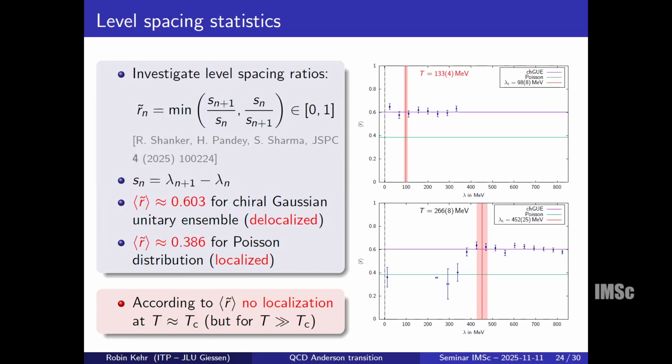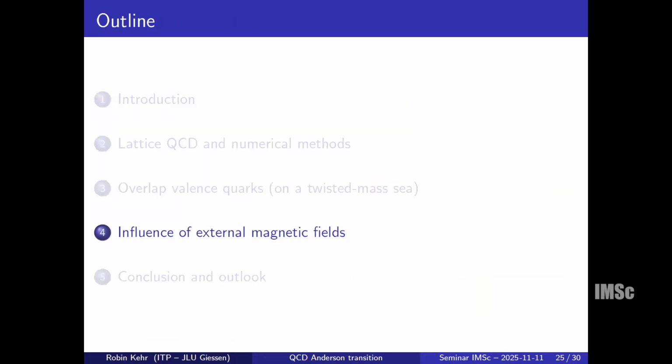So ideally, we could also try some mobility edge estimation according to this observable, but right now it's fluctuating too strongly, and we have to increase the statistics, evaluate more configurations. Okay, let's go. So that was everything to the first part.